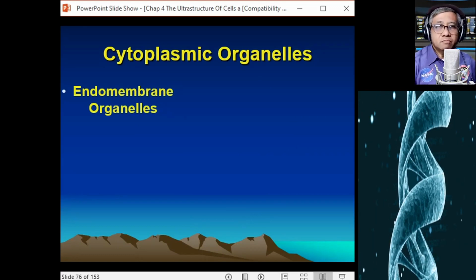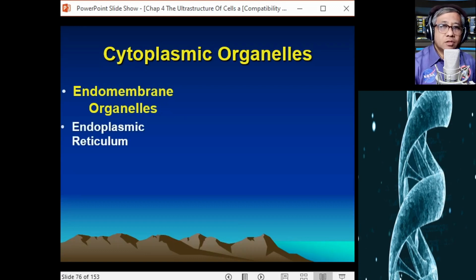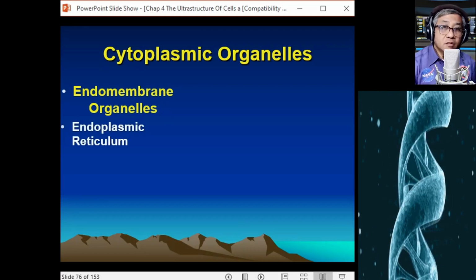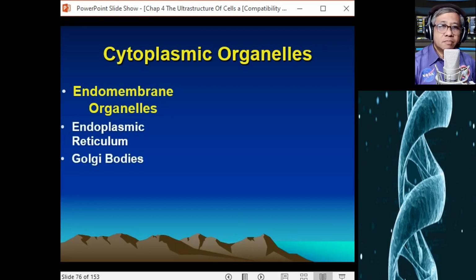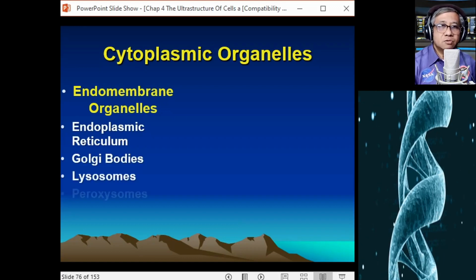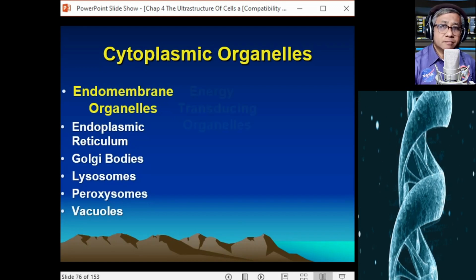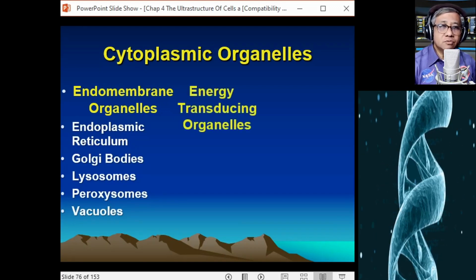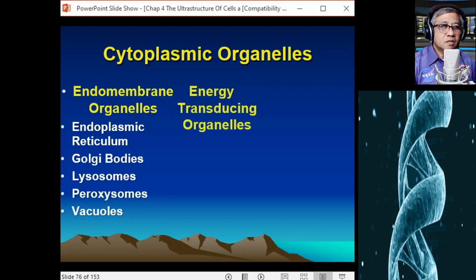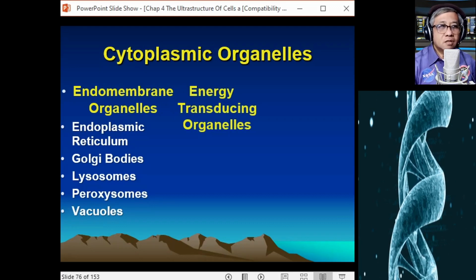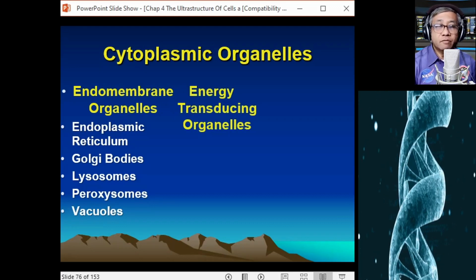Under the endomembrane organelles are the following: the endoplasmic reticulum, the Golgi apparatus, the lysosomes, peroxisomes, and vacuoles.